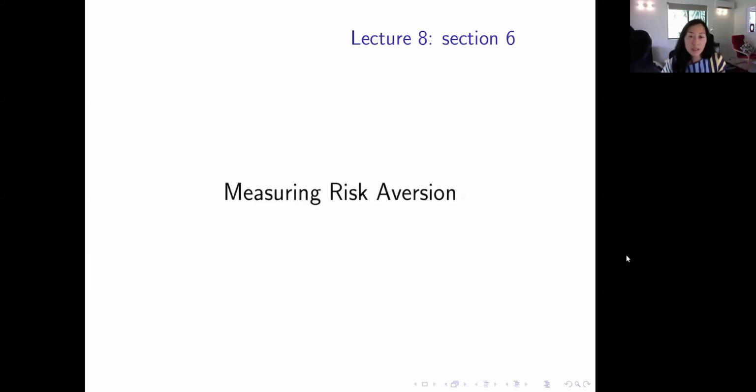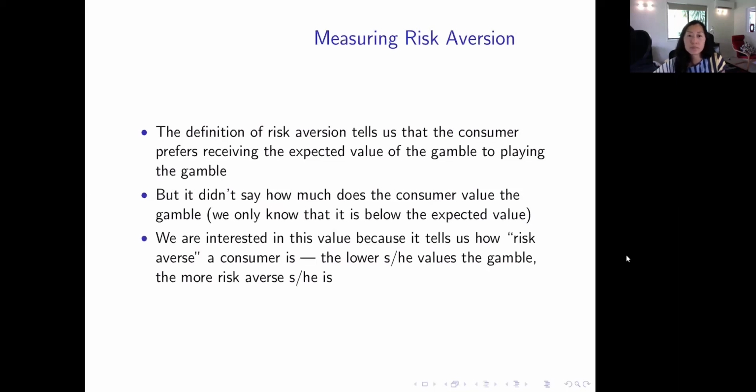Okay, this section 6, we are moving on to measuring risk aversion. The definition of risk aversion tells us that the consumer prefers receiving the expected value of the gamble to playing the gamble itself, but it didn't say how much the consumer values the gamble.